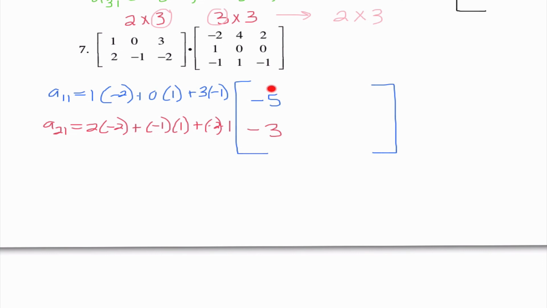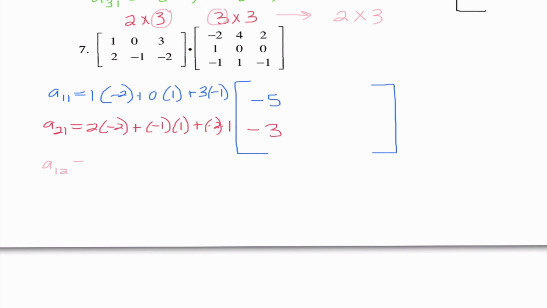Now I'm done with this first column, so I'm going to move on to the second column. I'm going to do A sub 1, 2. My writing is all over the place here.